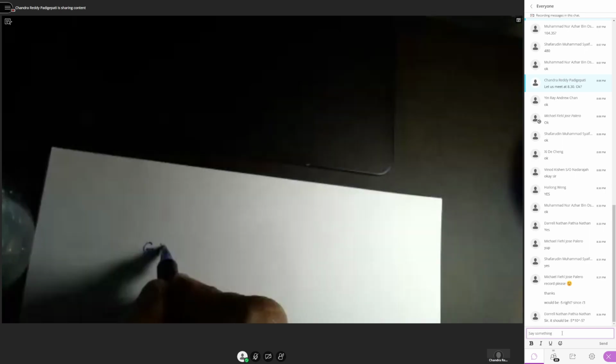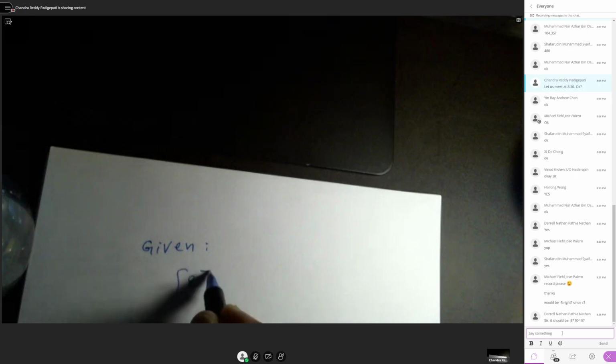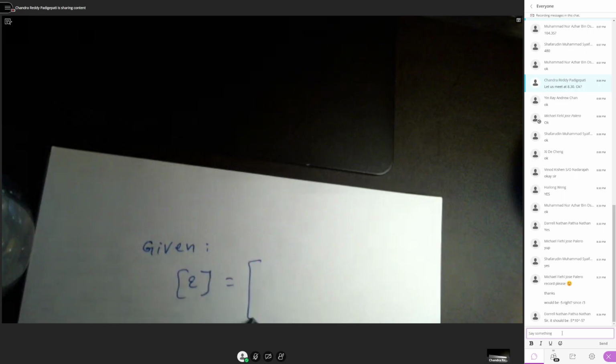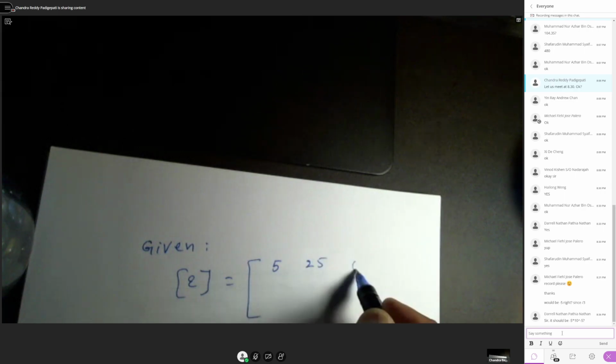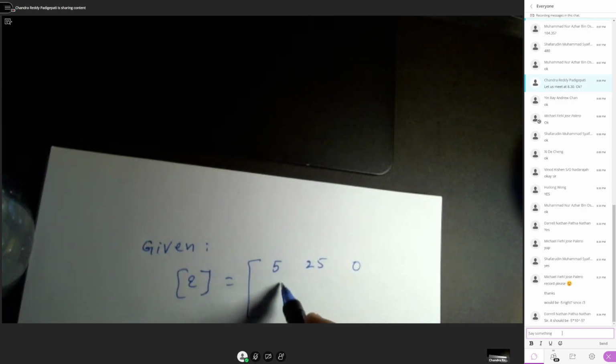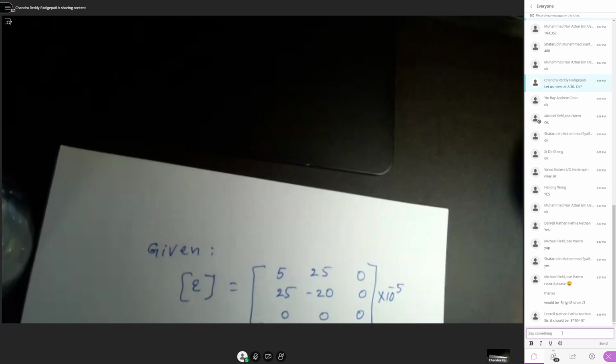All right, I'll go back to the camera. Okay, the given strain tensor is 5, 25, 0; 25, minus 20, 0; 0, 0, 0, into 10 power minus 5.